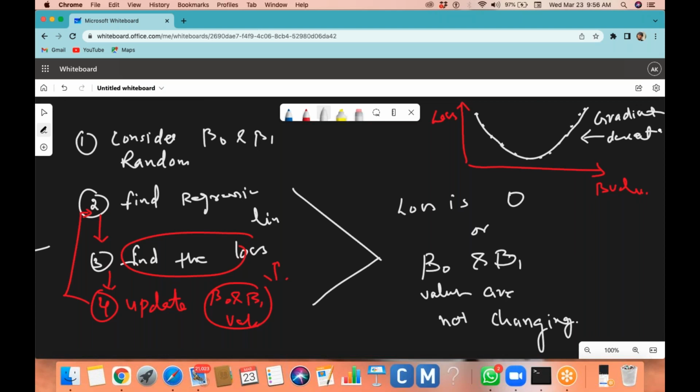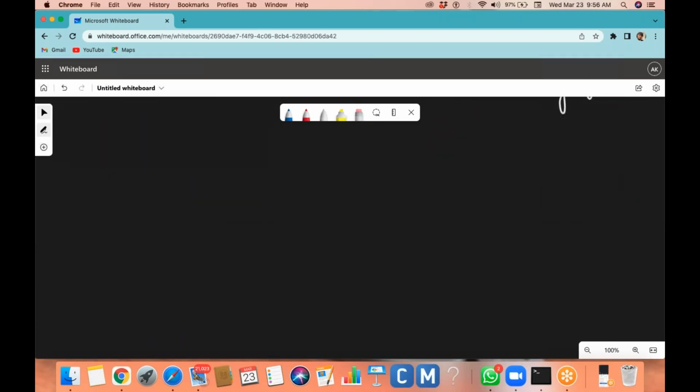Okay, this is fine. What is the loss function? It's the error, right? What is my loss formula? This is the loss formula. I'm writing it here. Initially, I consider the beta values, beta naught plus beta 1 of x, as my initial values.